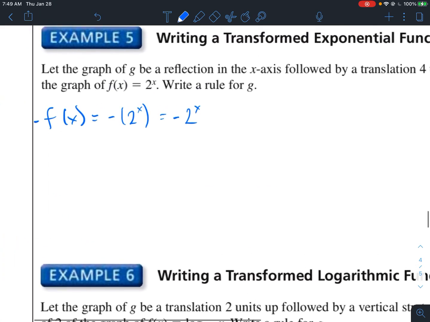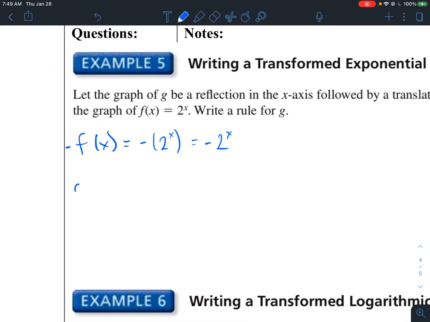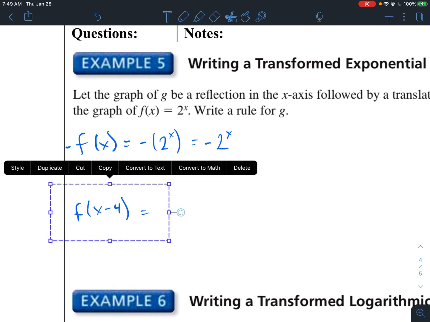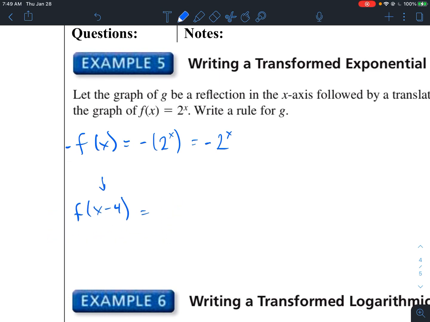So the next transformation is f of x minus 4. Now if I plug that into this function, remember that x minus 4 is an input, so make sure to use your parentheses. We talked about this a lot in composition of functions. Imagine x minus 4 like a function, right? So I do negative 2 raised to the x minus 4, inputting this into the x location.